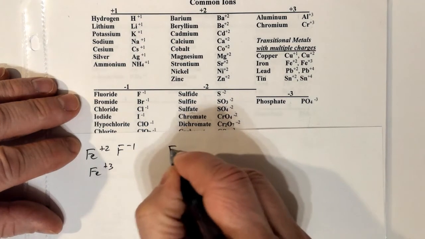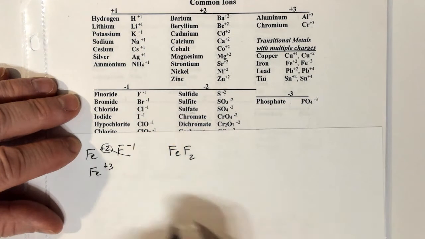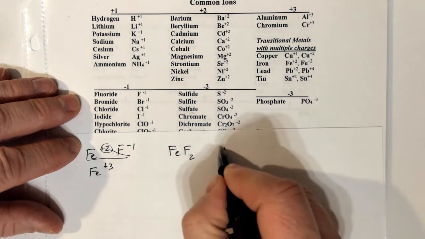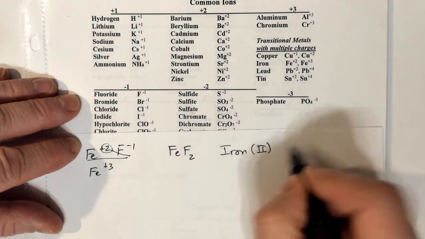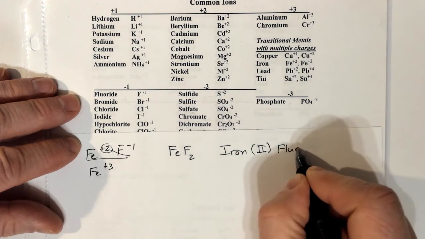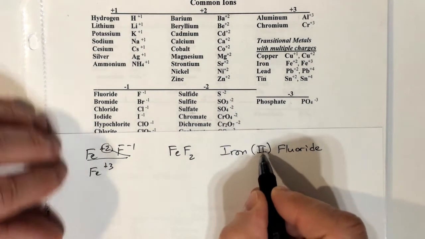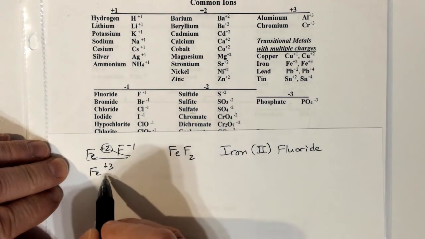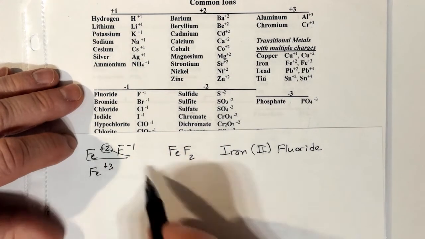So we would have FeF2 because the 2 would come over. And since it's using the +2 iron, I would name it iron(II) fluoride. Okay? So the Roman numeral indicates which charge it is using, and we have to be able to put that charge in the name.